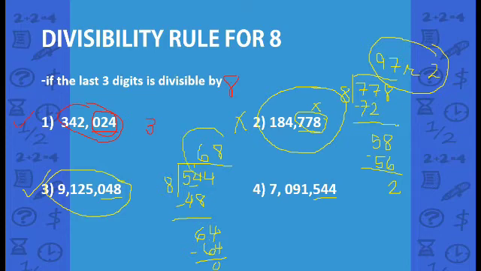So, the answer is 68. 68 is a whole number and therefore, 544 is divisible by 8. And so, 7,091,544 is divisible by 8.